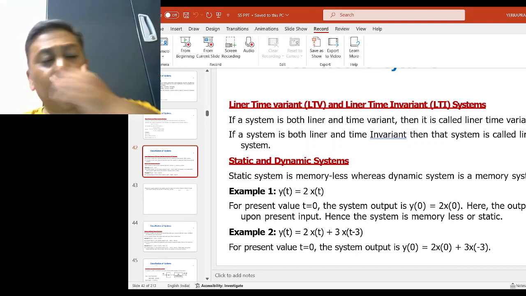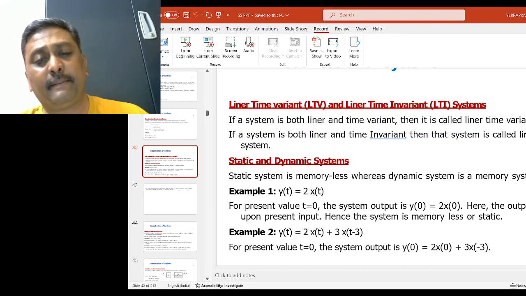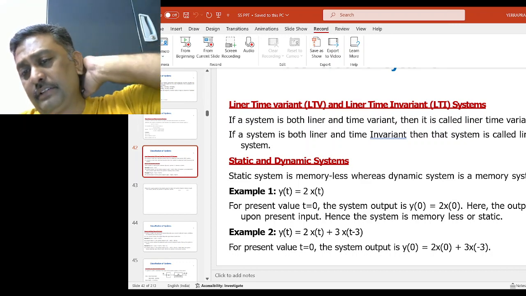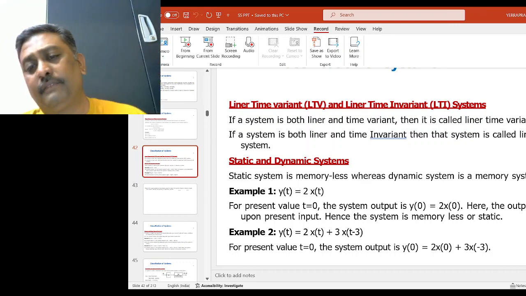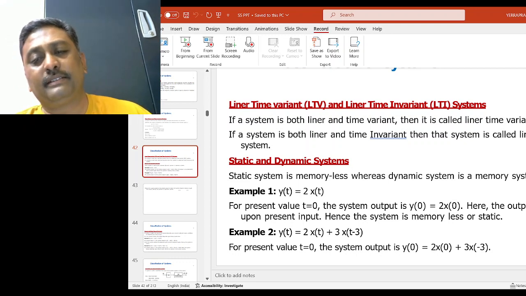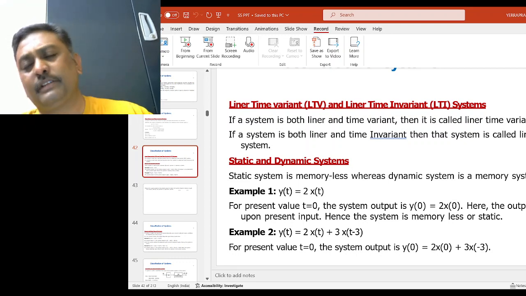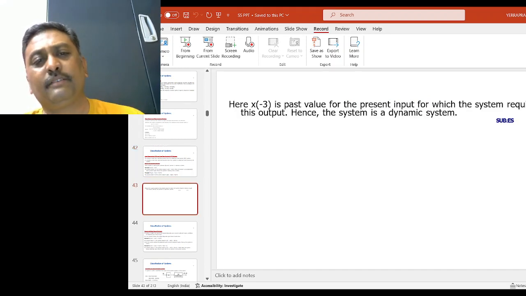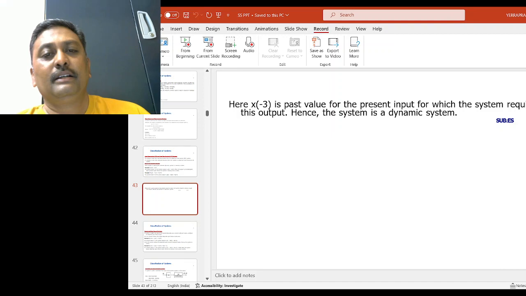Suppose example number 2, y of t is equal to 2 into x of t plus 3 into x of t minus 3. Take the present value of t as 0. y of 0 is equal to 2 into x of 0 plus 3 into x of, if you substitute t as 0, minus 3. Then you get x of minus 3, which is the past value. Since the system requires memory of the past input to get this output, this system is called a dynamic system.